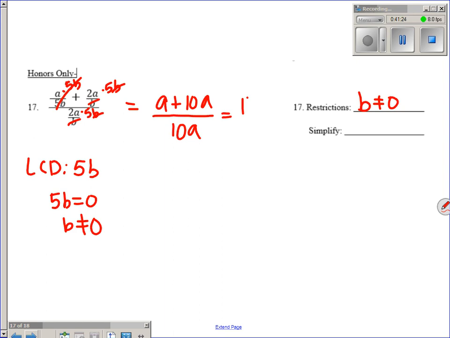So this actually just becomes 11a over 10a. And technically we could cancel out the a's at that point, because now it is division, multiplying and then dividing. So our correct answer would be 11 over 10. But if you left it as 11a over 10a, I would give you that, that's fine.